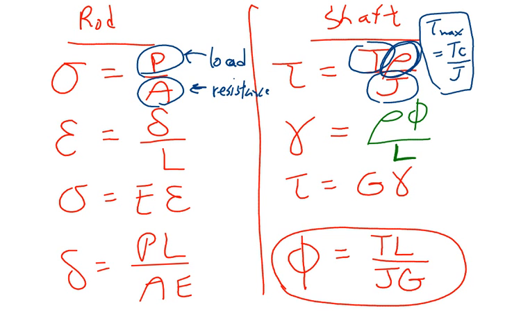All right, let's go to the strain equation. For the rod, strain is a function of deformation and length. Okay? So if you go to the equation for the shaft, what did we say was representative of the total deformation in the shaft?